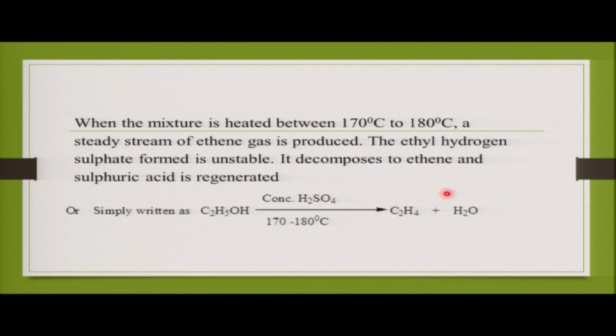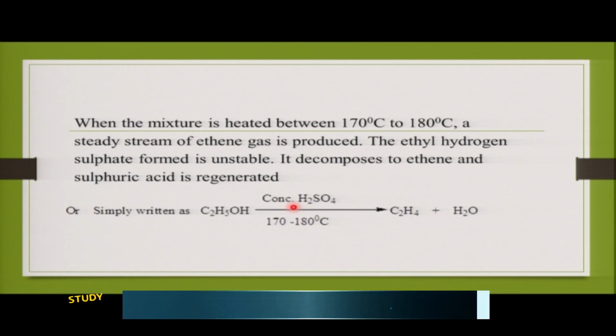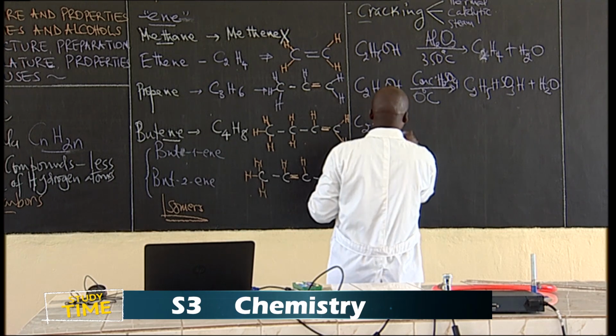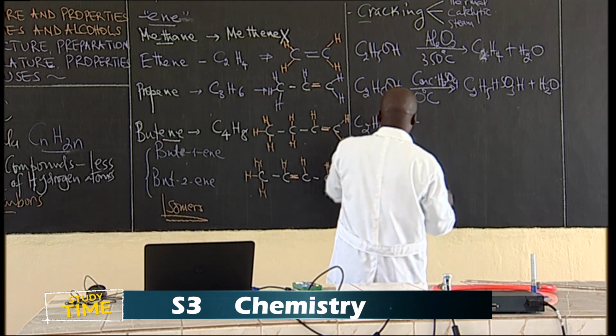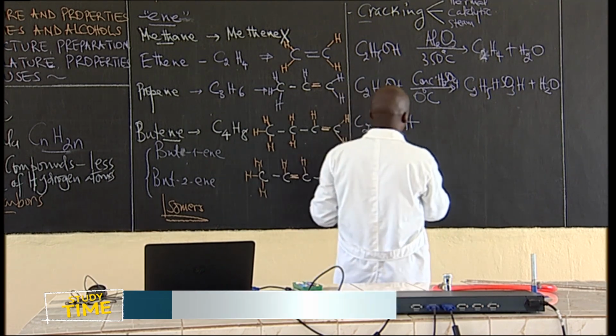So concentrated sulfuric acid, so that dehydration can also be done at different temperatures. So we have said this one breaks down to regenerate. So you have C2H5OSO3H.